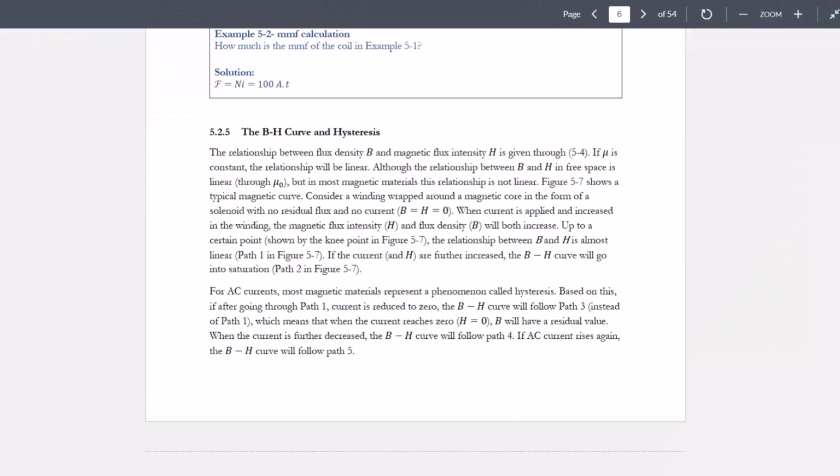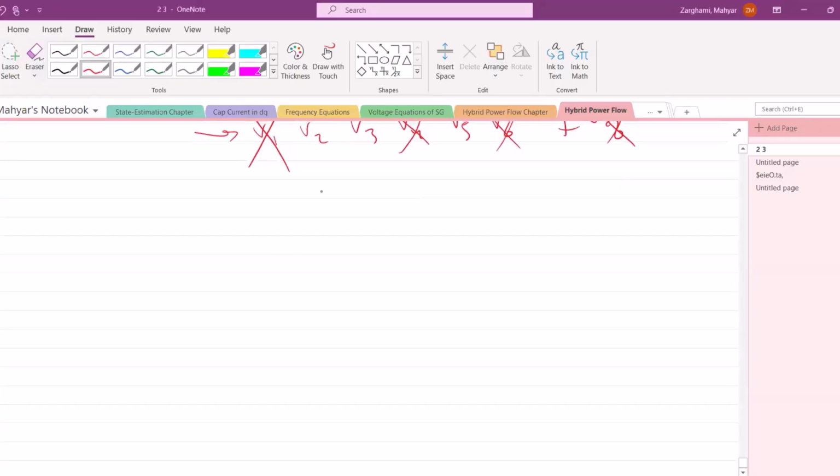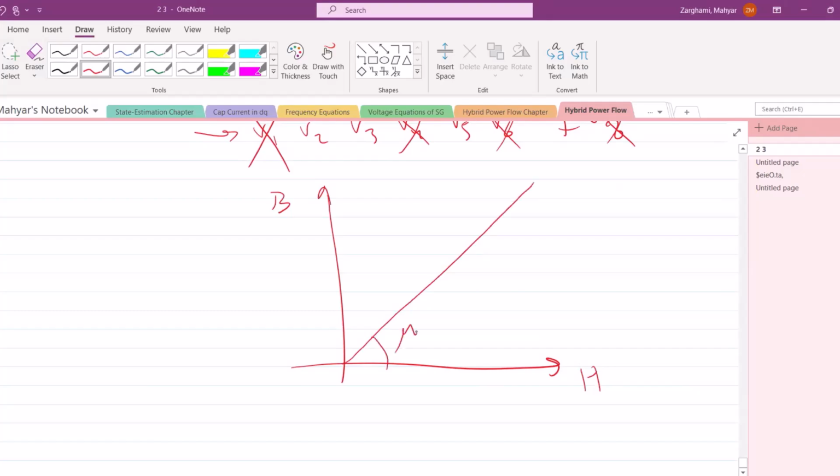That would be the easiest case that you can have. If this is B, this is H, that linear relationship would be coming out of this mu as the slope, which is a tangent of that angle, right? So let's say tangent minus 1 of mu. Is that correct?